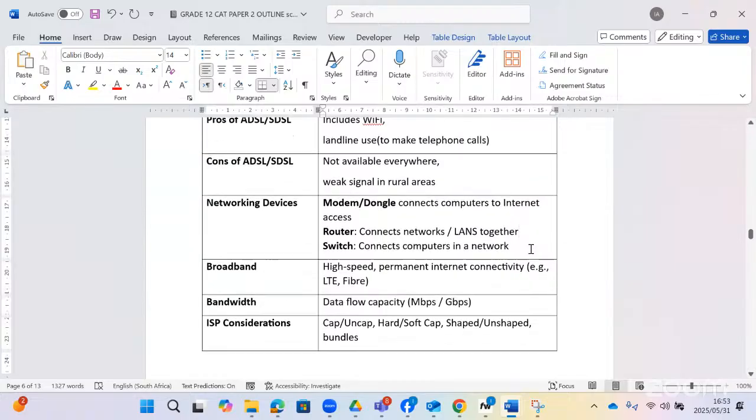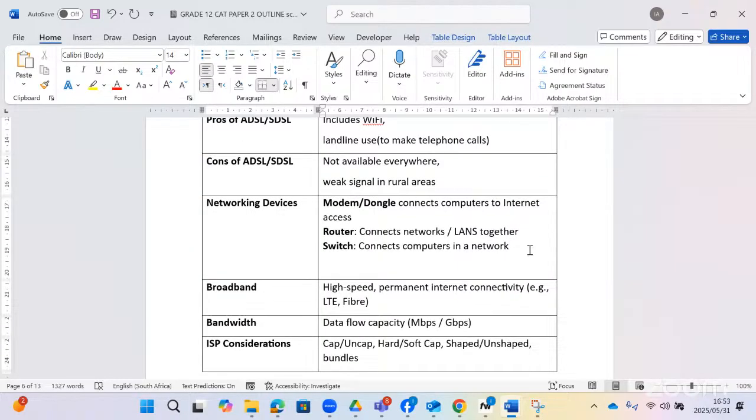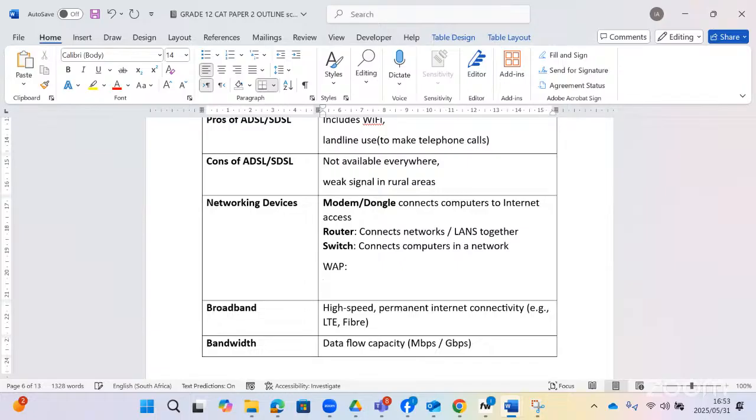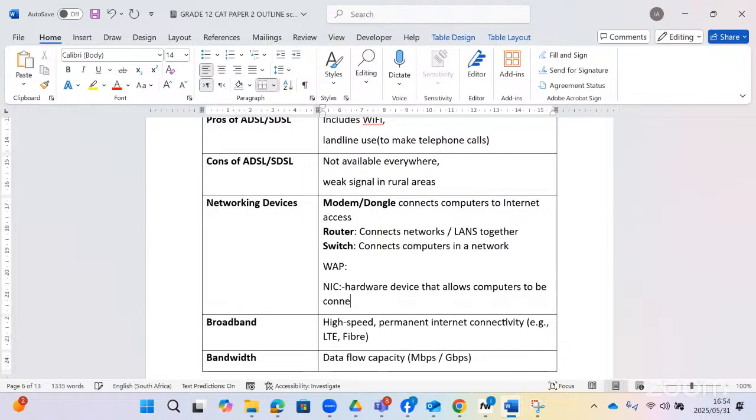And then we also have the wireless access point. And then you must also know the NIC, network interface controller. This is a hardware device that allows computers to be connected to a network.